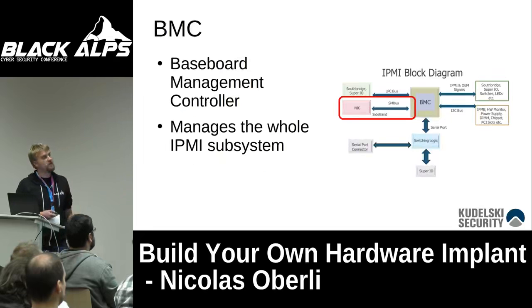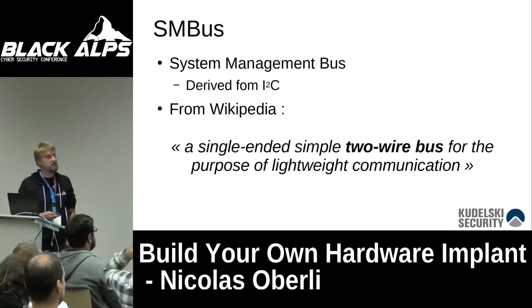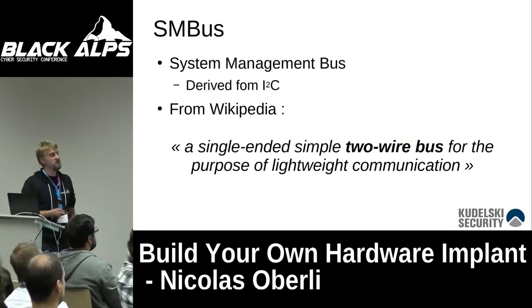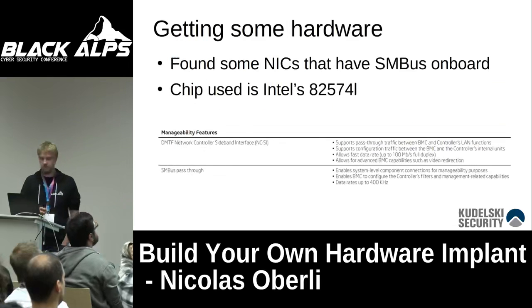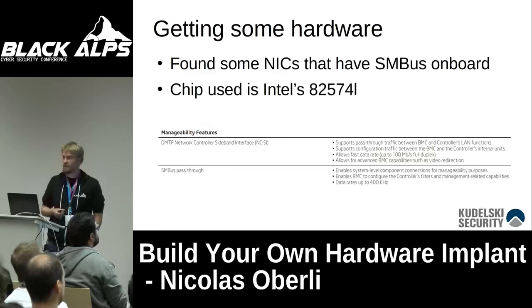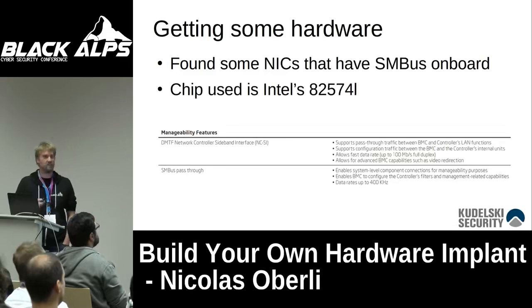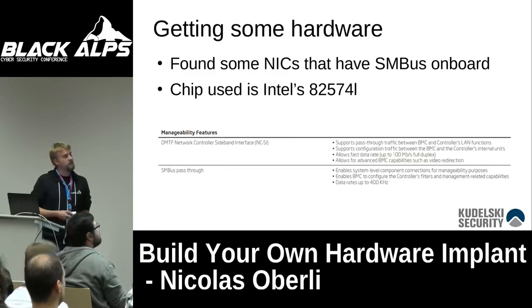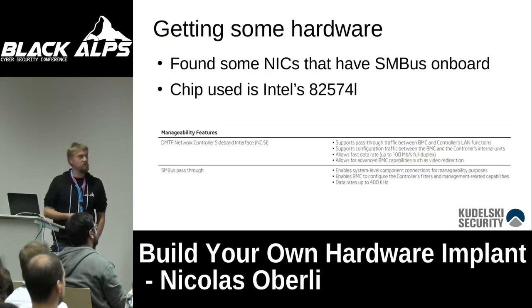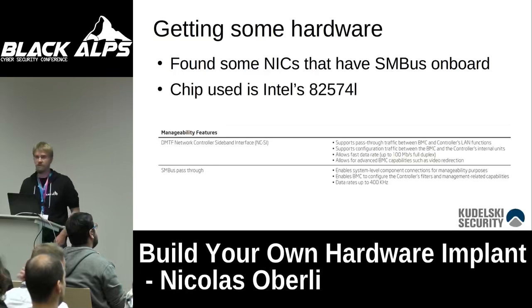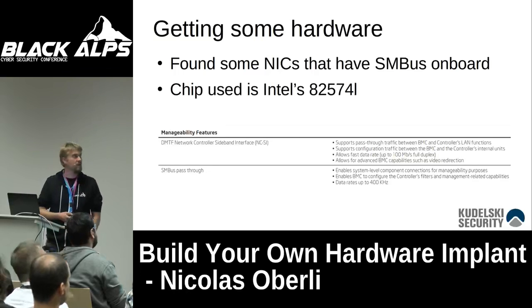Knowing that SMBus is available on some NICs, and that SMBus uses only 2 wires, I started to look for hardware that actually uses SMBus. Unfortunately, I didn't have any servers available at home.